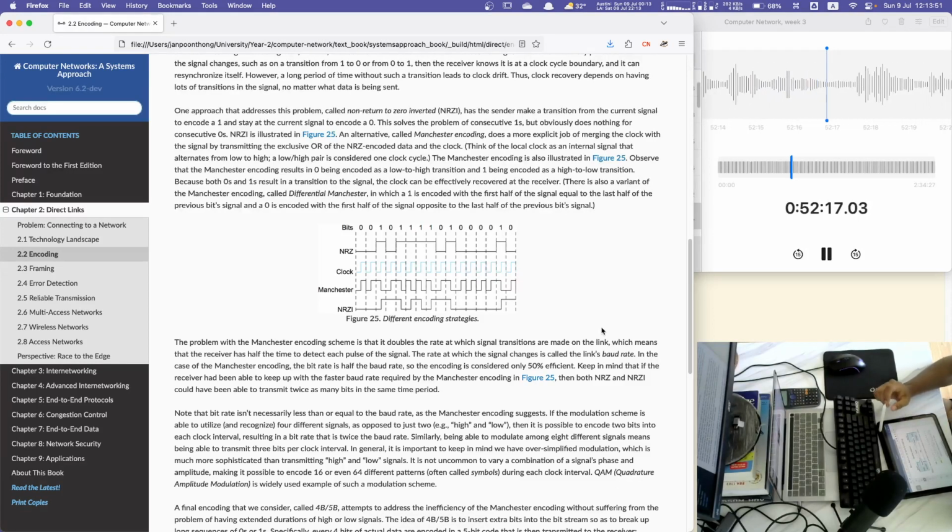The bits are converted to the signal by the encoder. On the receiving side, the receiver decodes. This is the idea. The sending node encodes the bits, converts them to a signal and sends it to the receiver. On the receiver side, the signal is decoded and the original bits are extracted.